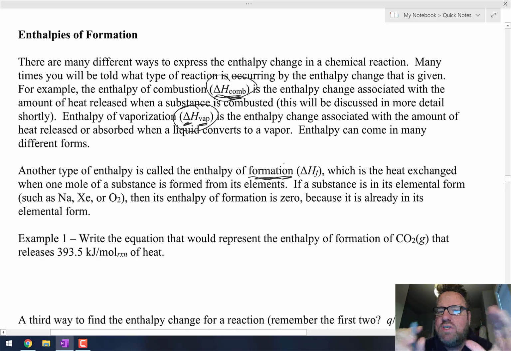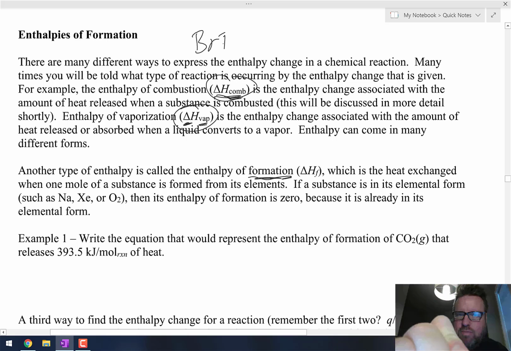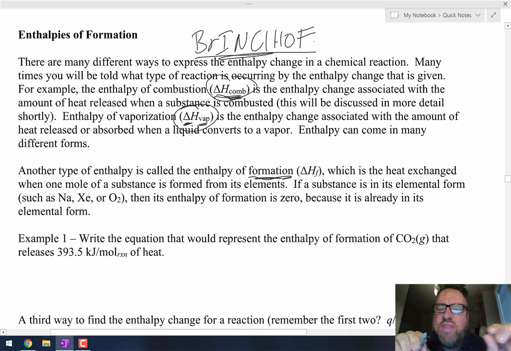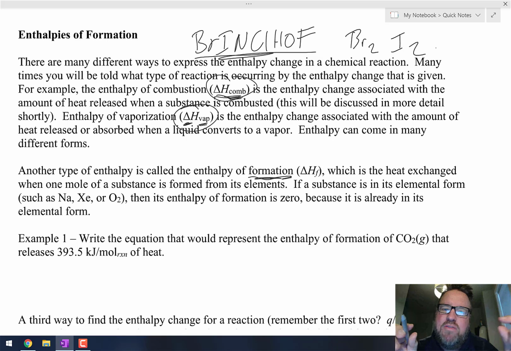If something is already in its elemental form, and remember Br, I, N, Cl, H, O, F, because that's where people mess this up, anytime they're by themselves, their elemental form isn't Br or I, it's Br2, it's I2, etc. So whenever a substance is in its elemental form, then it has an enthalpy of formation of 0, because how much energy is released or formed when something's already in its elemental form? That's just how it is. There is no enthalpy of formation for something that's in its elemental form. So it has an enthalpy of formation of 0.